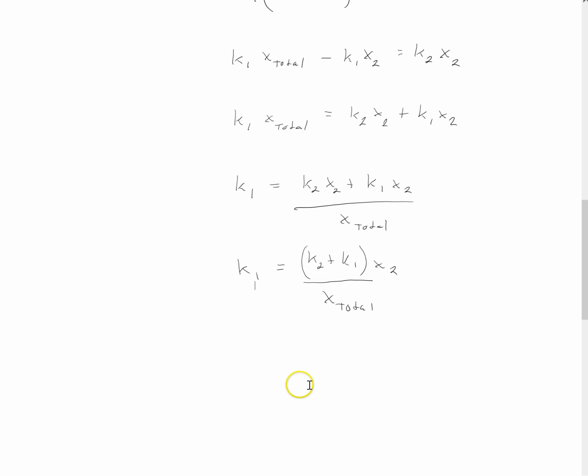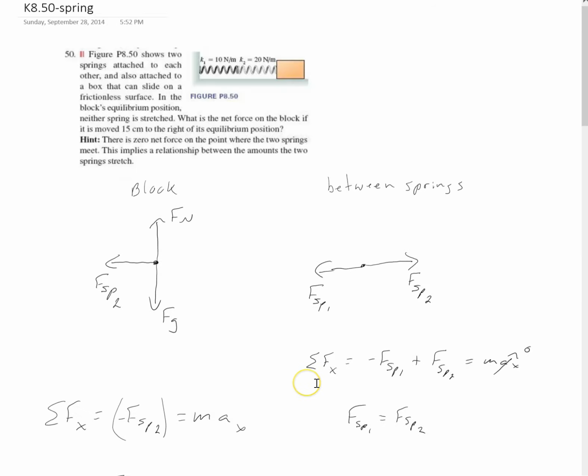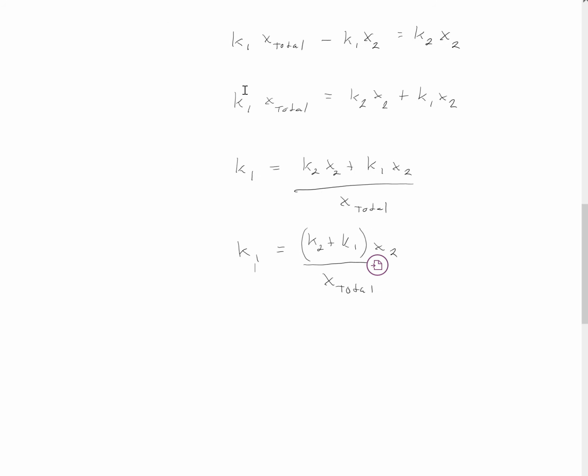All right, and now, what else are we given here? We're given K1 and K2, and we're given the 15 centimeters. Okay. So I have this is a number, this is a number, this is a number, this is a number. That'll allow me to solve for the stretch for spring 2. There we go.